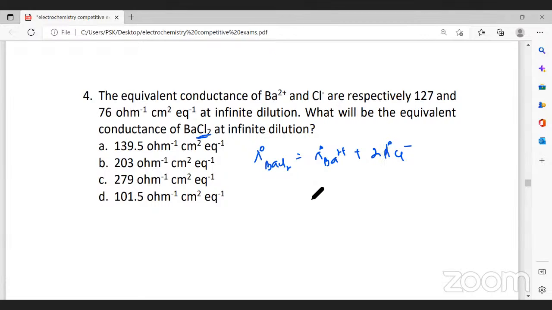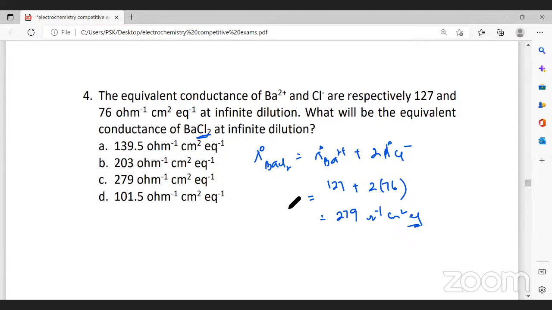That will be equal to 127 plus 2 into 76, which is 279 ohm inverse centimeter square per equivalence.